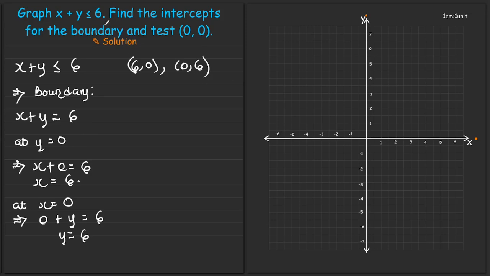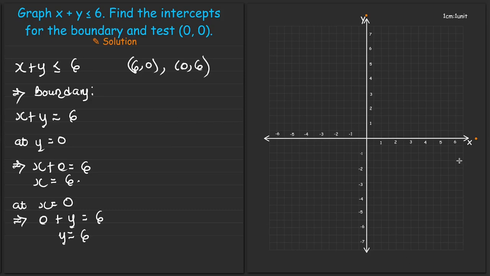Now for the boundary, is it going to be a solid line or dashed line? It is going to be a solid, because looking at the sign we have here, it is all equal to, because of the presence of this equal to. That means all the points on that line also satisfy our inequality. So let's do that. On our graph, let's identify our point.